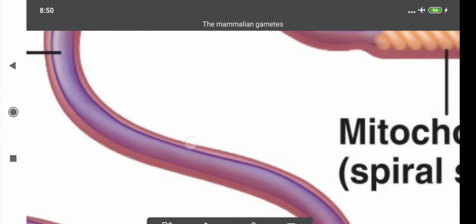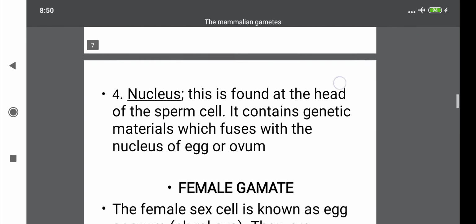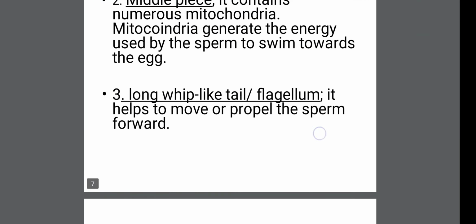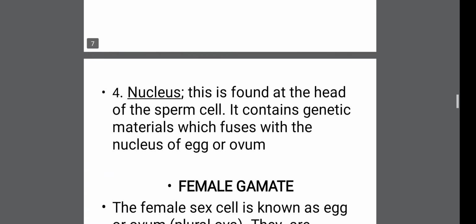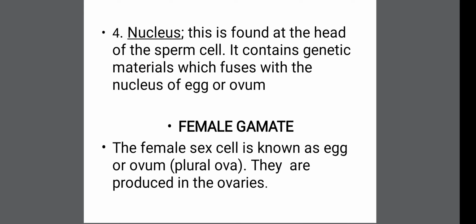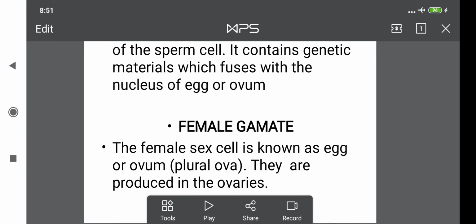The third one is the long whip-like tail, the flagellum. The flagellum helps to move or propel the sperm forward. Number 4, the nucleus. This is found at the head of the sperm. It contains genetic material which fuses with the nucleus of the egg or ovum. We know the functions of the nucleus from SS1 biology.